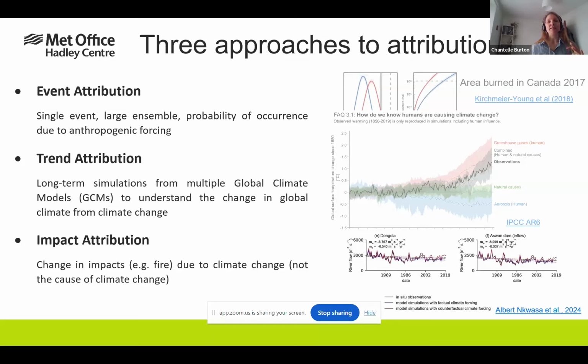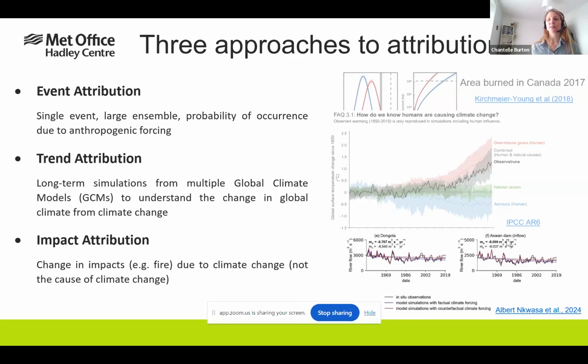And the idea here is that you're looking at a change in an impact, for example, fire. It could be fire, but it could be other things like groundwater, fisheries, agriculture. But you're looking at the change in that impact due to climate change. So you're not trying to attribute where the cause of that climate change comes from. You're just saying, what is the change in this impact when we look over the historical period at how the climate has been changing.